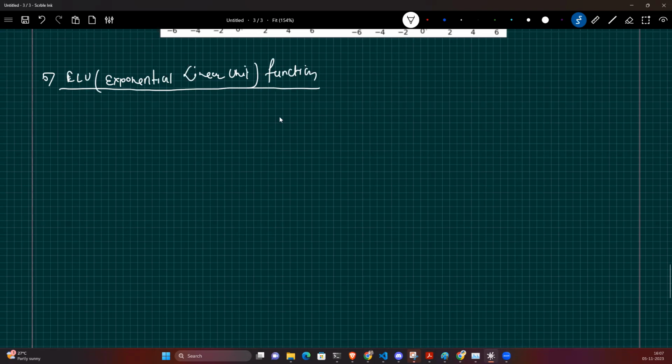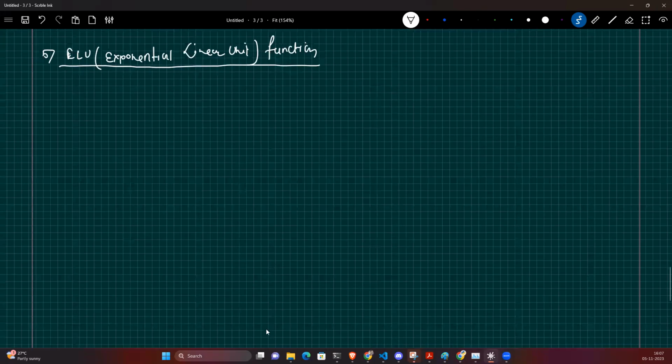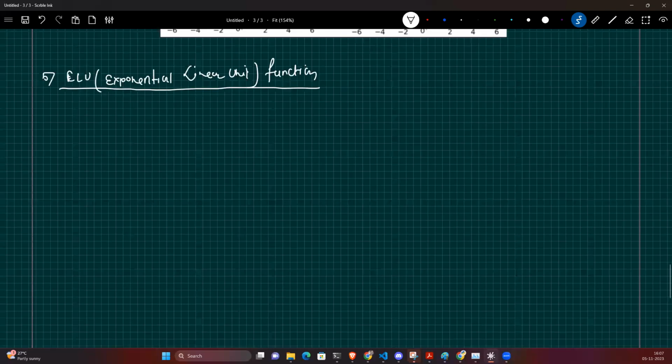Okay, so just try to observe what I'm trying to say here. Let me first draw this diagram and then I can explain it in a better way.